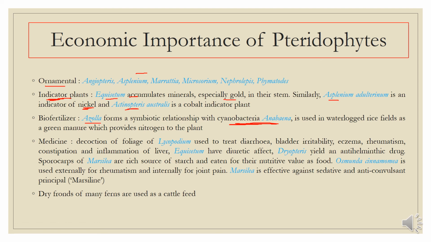This is a very organic way of biofertilization, so it is also very important. Pteridophytes also have medicinal importance because of the secondary metabolites, that is, phenolic compounds that they generate. Also, the fronds of certain species of pteridophytes are important as cattle feed.